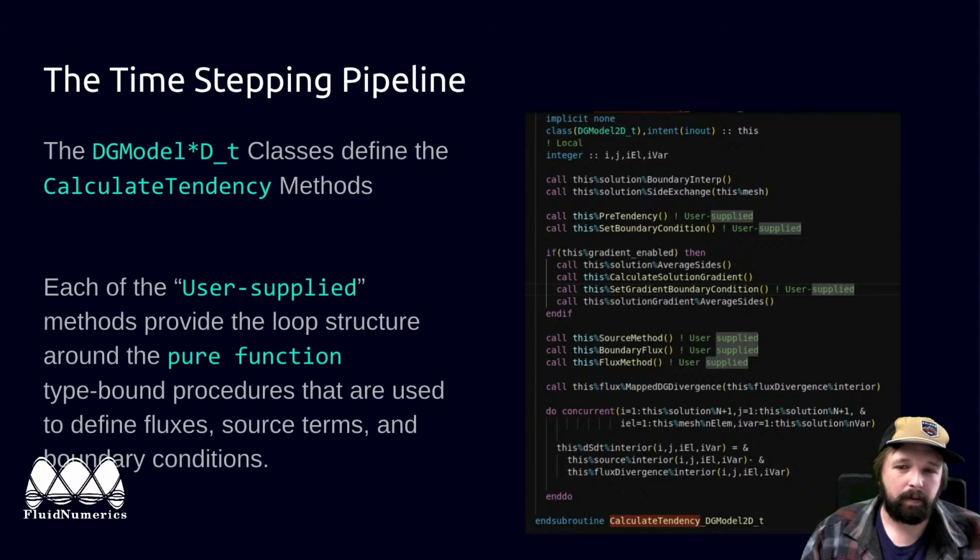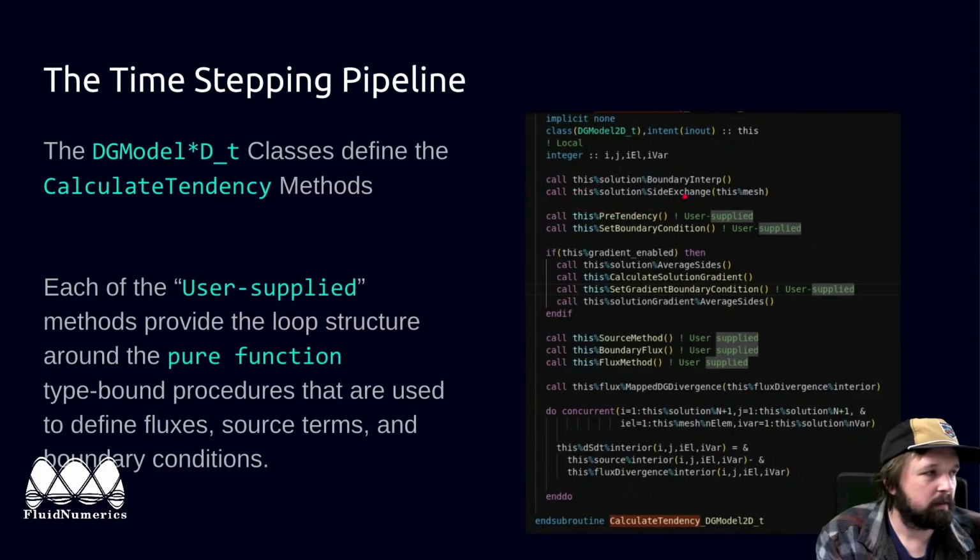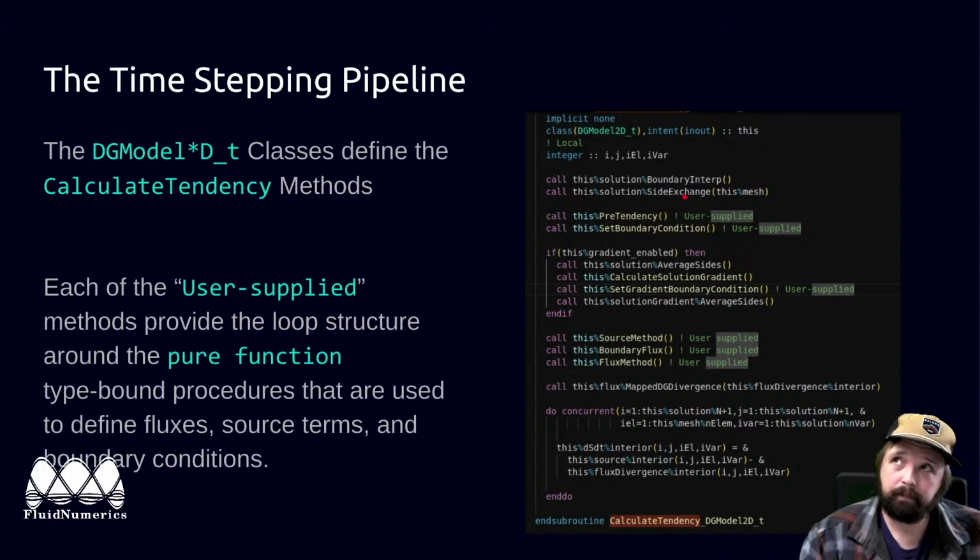That's where all the MPI magic happens underneath the hood for you. So basically, once we've gotten past boundary interp and side exchange, every element has awareness of what its solution is on its element boundaries, and it has information about what its neighbors' values are on the boundaries.